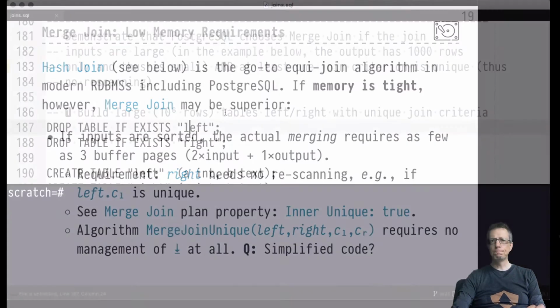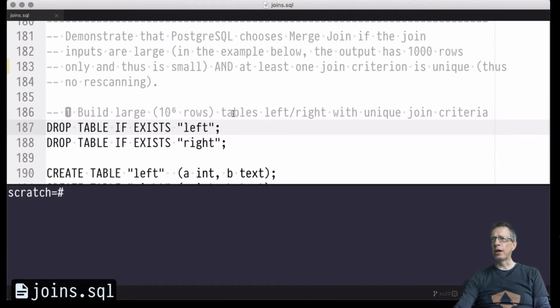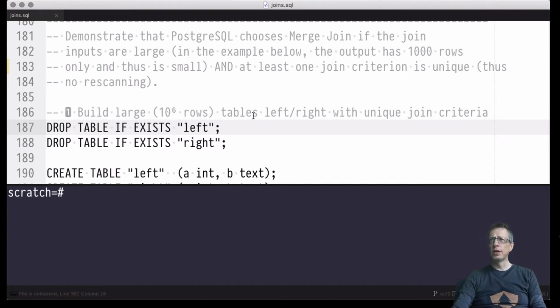All right, here we go. What I've brought with me here are two new playground tables that have a value distribution in their join columns that will fit the experiment we are trying to perform. Indeed, we are looking for unique values in these join columns so that the rescanning can be avoided.